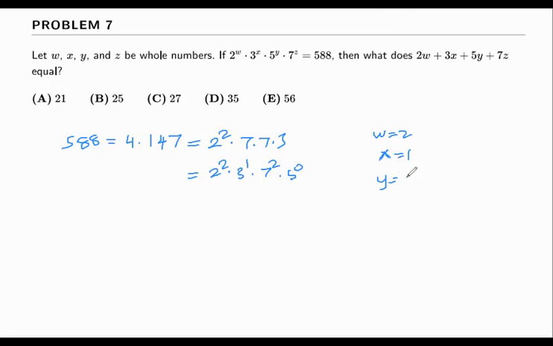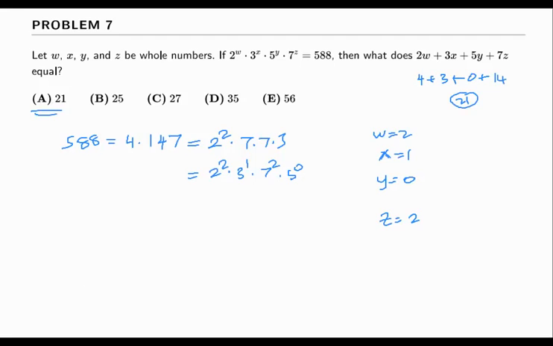That means y is 0. And then the last one is z, 7 to the second power, which is 2. Okay, so then 2w is 4, 3x is 3, 5y is 0, 7z is 14. If you add 14 to this 18 plus this 21, that is the answer.